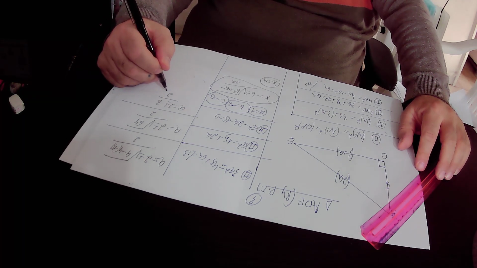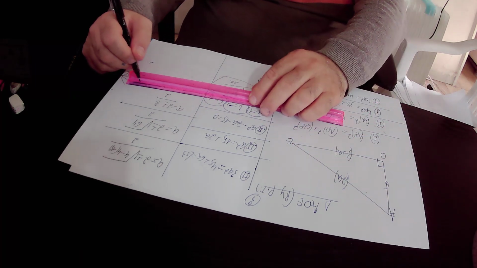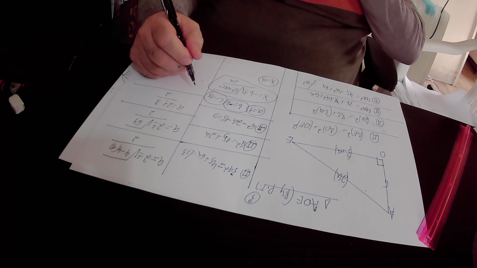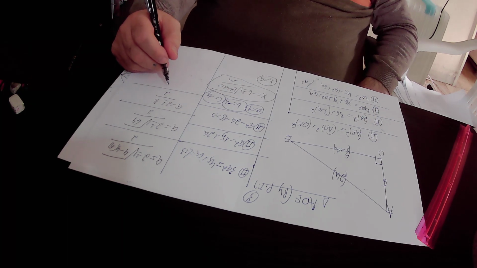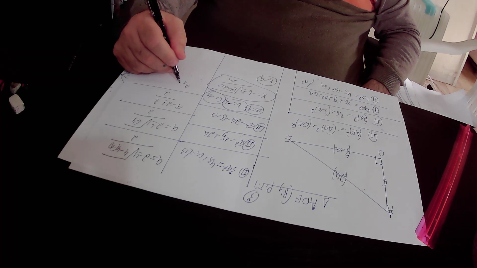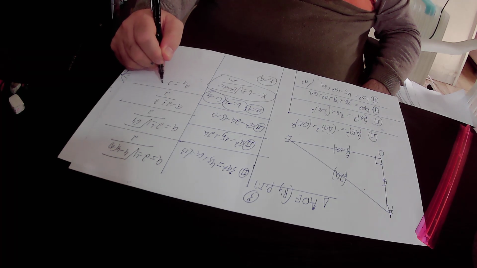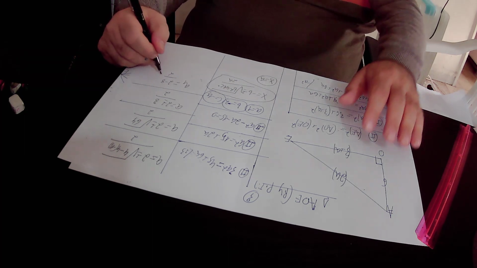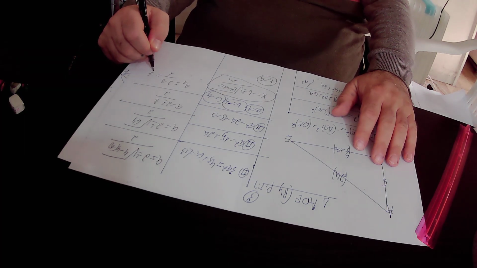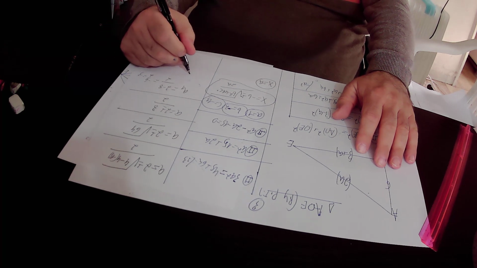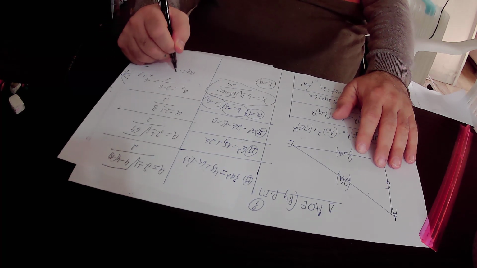So here we have two solutions that are possible for A. The first solution is A1, that is equal to 2 minus 8 over 2. 2 minus 8 is minus 6, and minus 6 over 2 is minus 3. So we found out that A1 equals minus 3.